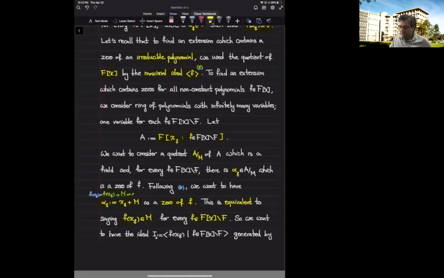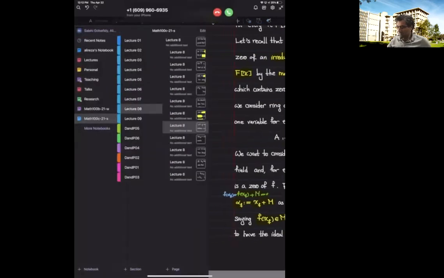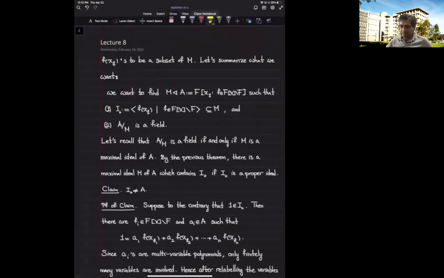We are saying that the ideal generated by these, and there are infinitely many of them, the smallest ideal that contains all of these elements, let's call it I naught. We need to find a maximal ideal that contains all these f of x sub f's.